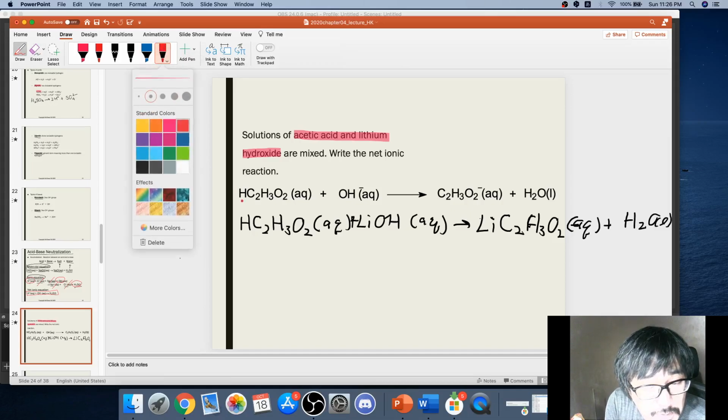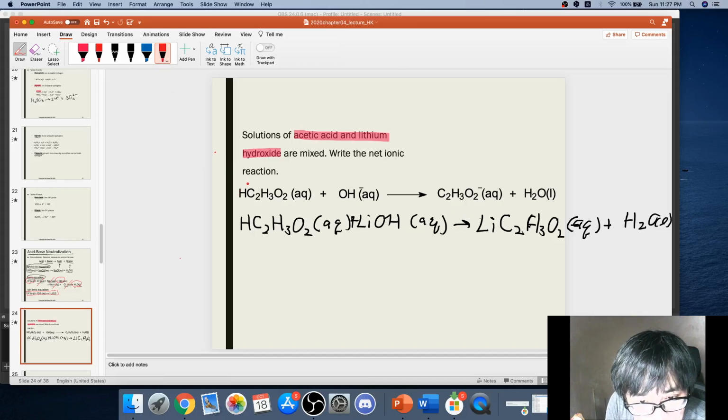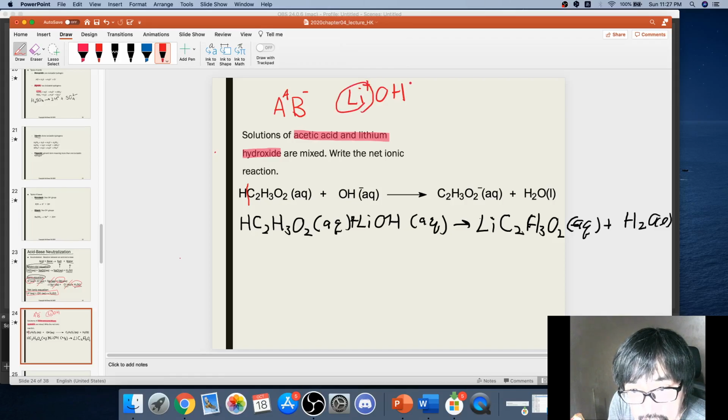But usually in acid-base reactions or many of the solution chemistry problems, the molecules tend to be written in this form, B minus. For example, lithium OH. You can see that this becomes lithium plus, and this side becomes OH minus. So I can separate it here.